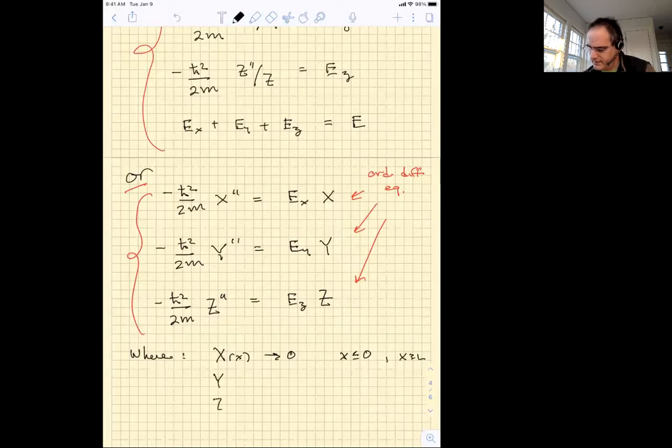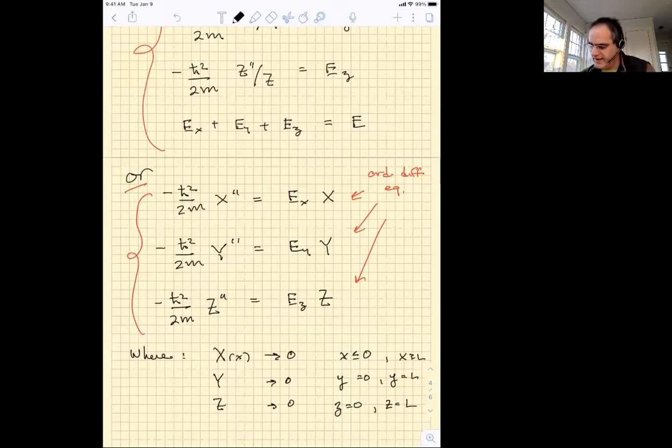Likewise, the y and z functions have to go to 0 when y reaches 0 or y is equal to L. And the z function must go to 0 at z equals 0 and z equals L. Okay? Now, once we've done that, you might be able to recognize what we have.